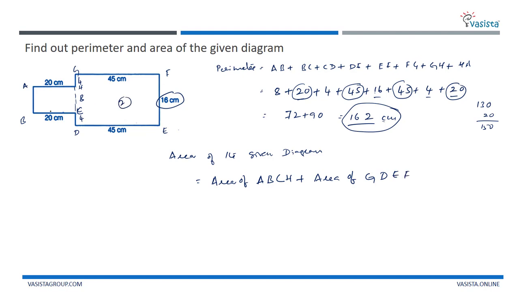This is the second diagram and this is the first diagram. So area of ABCH is equal to length into breadth plus length into breadth.